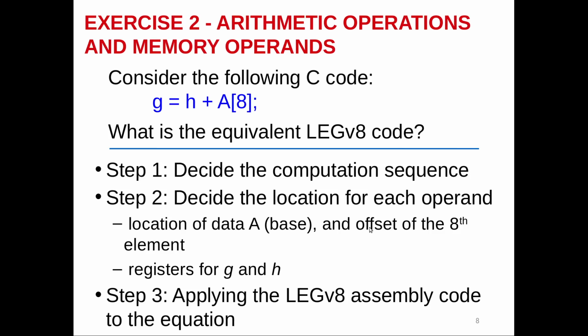We will need to know the offset of the 8th element from this base of data A, and we will need to decide which registers are used for G and H in our processor. And in step 3, we apply the LEGv8 assembly code to the equation to find the final code.